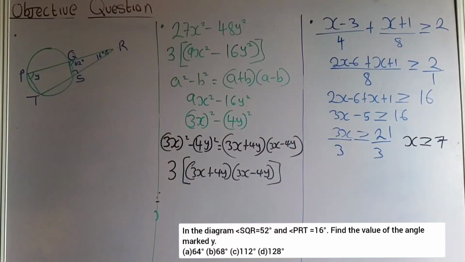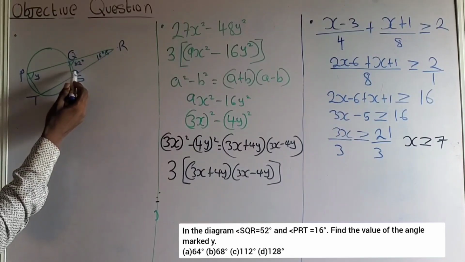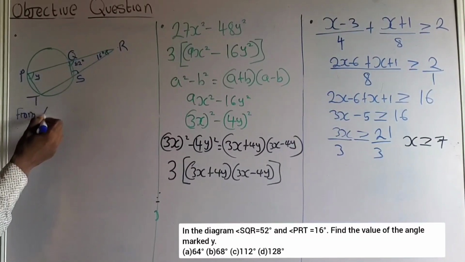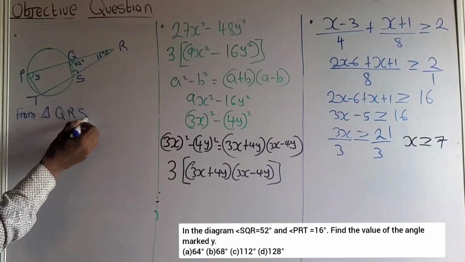That's the exterior angle of a cyclic quadrilateral. So in an attempt to solve for the value of y, I must know the angle that is here. And to get the value of the angle that is here, I can use the sum of angles in a triangle, for triangle PQR and QRS, from triangle QRS.